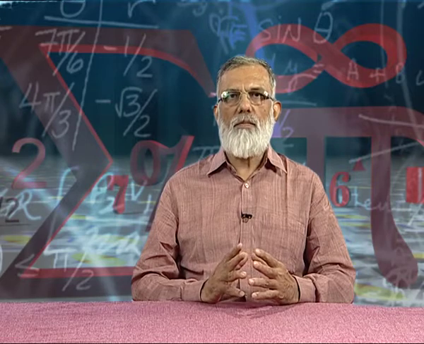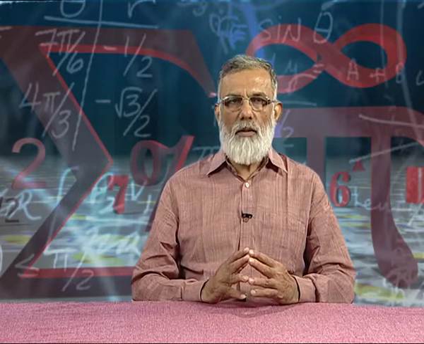Application. Suppose in a market there are n commodities. The price of the ith commodity is pi. Moreover, demand and supply of the ith commodity are linear functions given by q_di equal to ai0 plus ai1 p1 plus up to ain pn, and q_si equal to bi0 plus bi1 p1 plus up to bin pn.